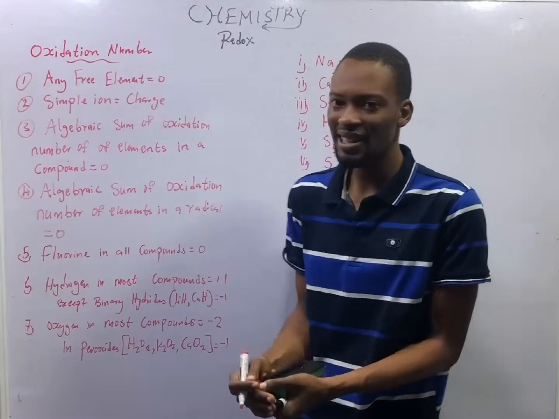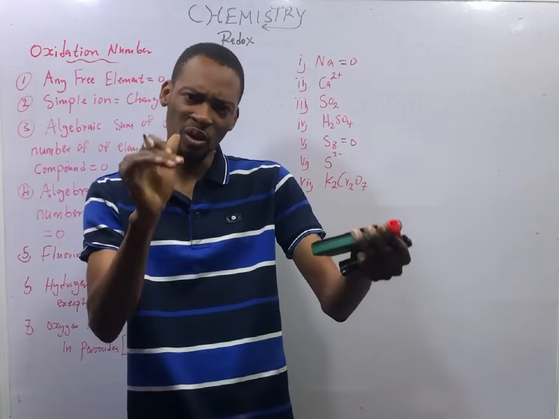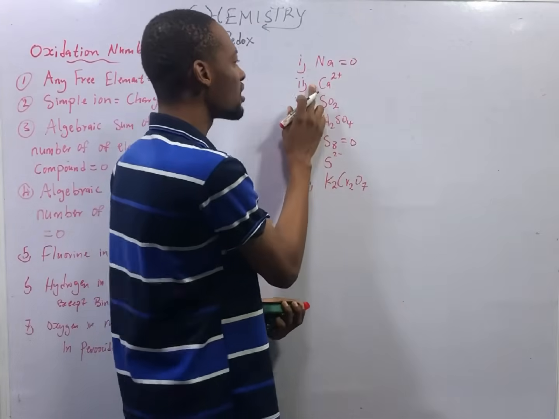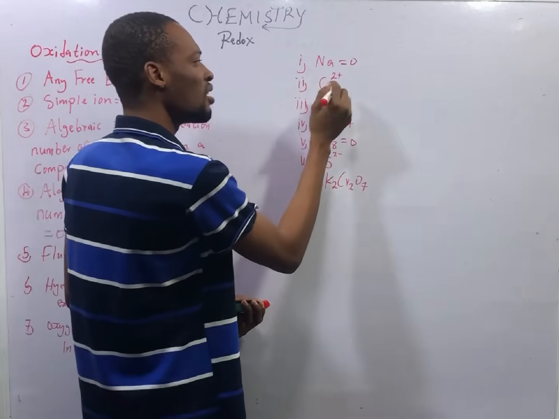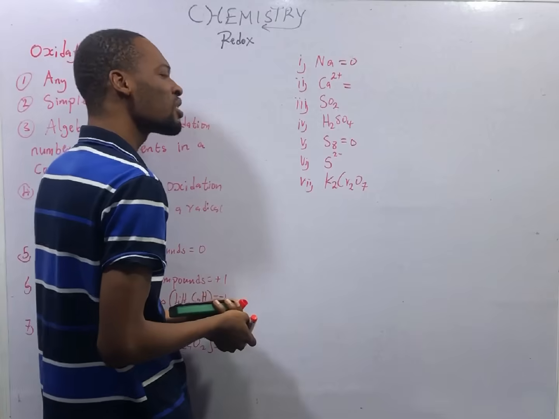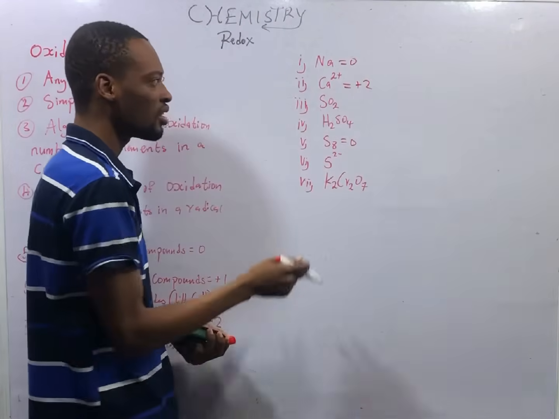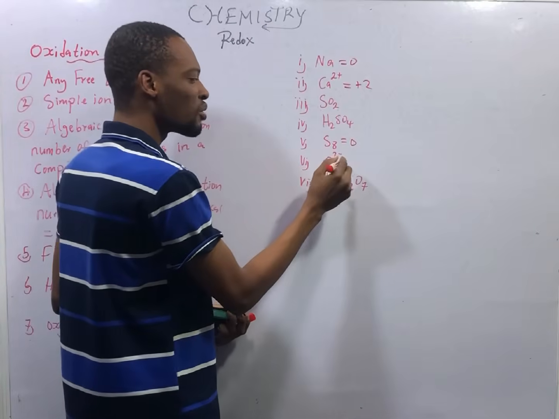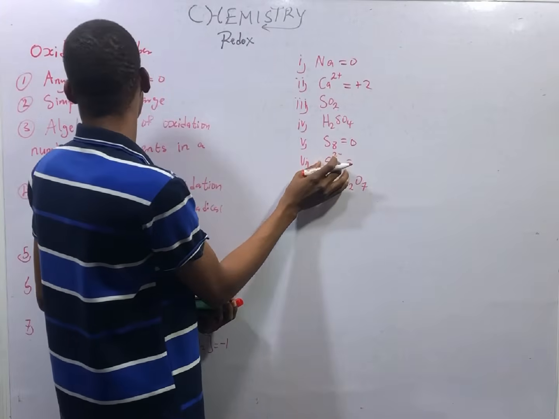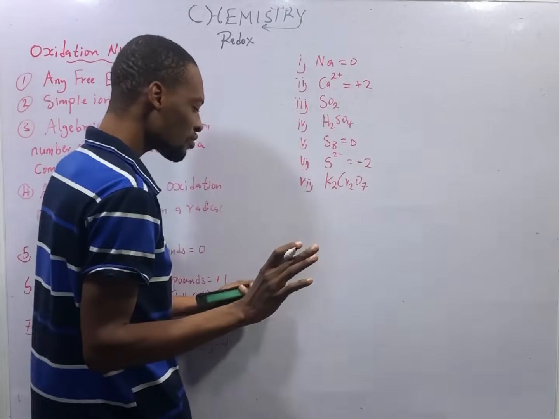When an element carries a charge, whether positive or negative, the oxidation number of that ion is the charge on that ion. Look at this. This is Ca2+. This is calcium ion. The charge on this ion is 2+. Therefore, the oxidation number of Ca2+ is simply equals +2. That is it. This is an ion S2-. The charge is -2, which means the oxidation number of this simple ion is equals the charge, that is -2. Now let's proceed.